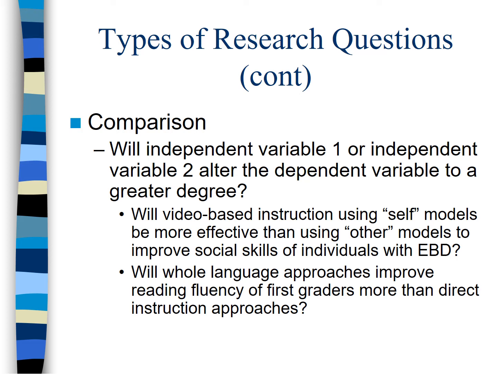Or a more timely one might be, would core vocabulary interventions increase communication skills of children with autism more than PECS instruction? So you could compare core vocabulary and PECS to see which one would have the greatest influence on spontaneous communication. So that would be another comparison study.